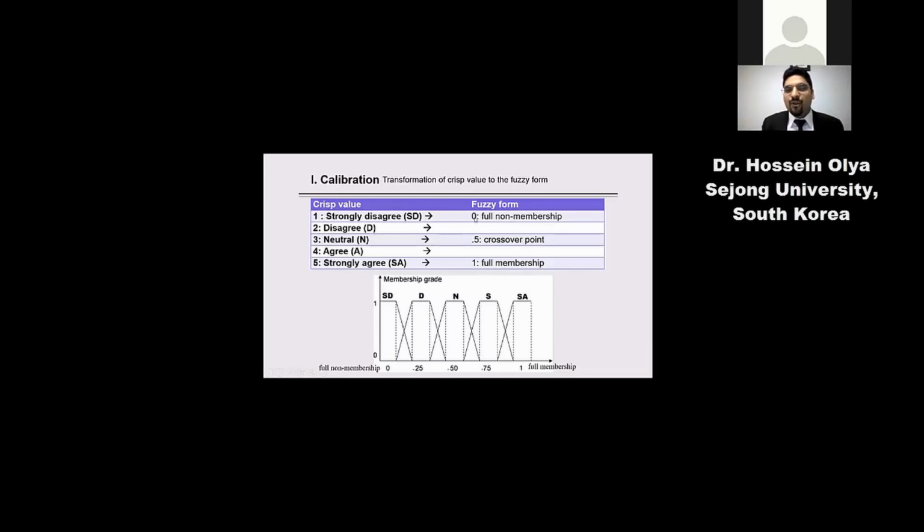But 0 shows that they are fully non-members of satisfied tourists, but maybe we call this that they are not fully members of the strongly agree, satisfied tourists, but they are fully members of dissatisfied tourists. And 3 is neutral, and 0.5 is the crossover point.